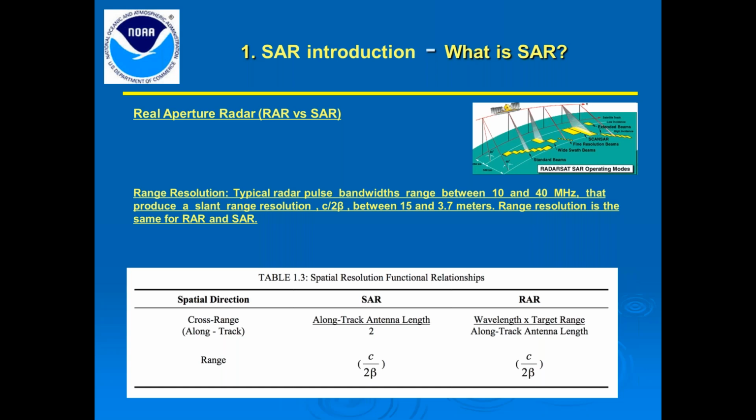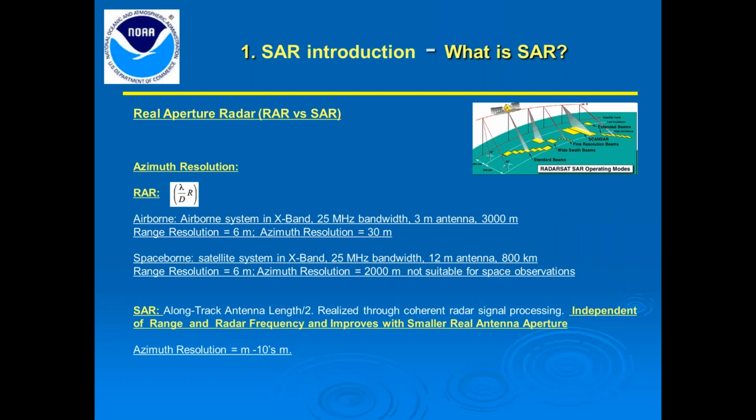In the range direction, the real radar, if you put it in orbit, can achieve something like 3.7 meter to 15 meter resolution. That depends on the radar characteristics. For the azimuth direction, they are quite different. For example, with a regular X-band radar with a 3-meter antenna on an airplane, you can achieve a resolution in range direction of 6 meters and azimuth resolution of 30 meters.